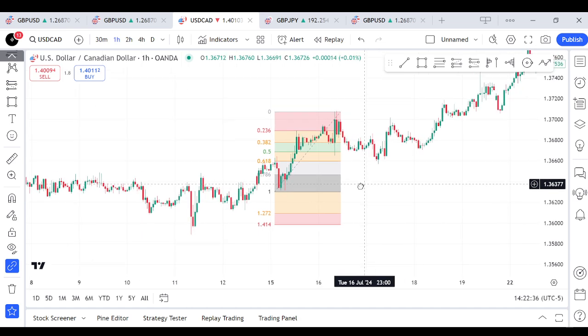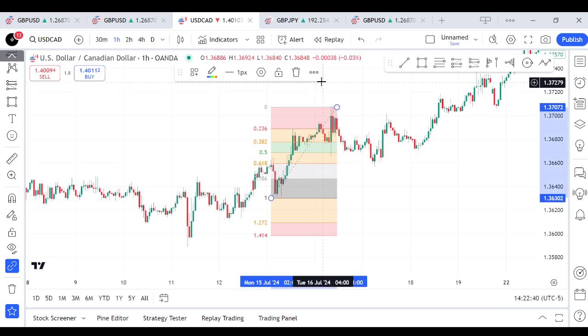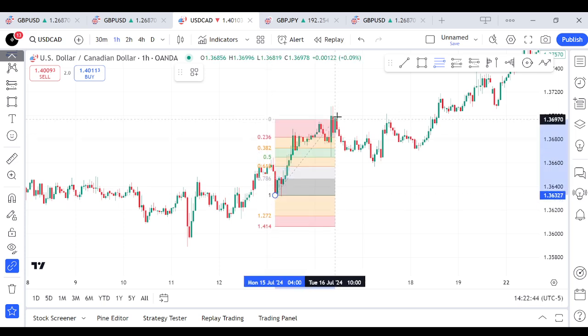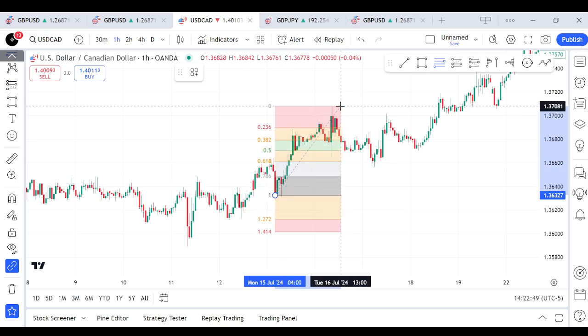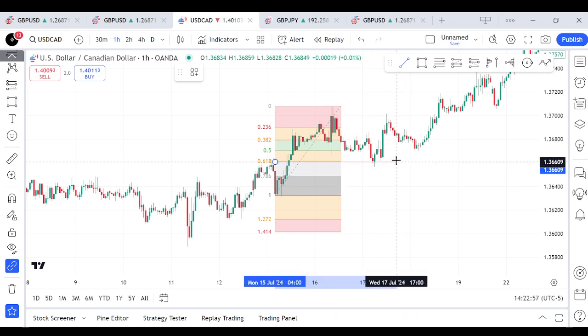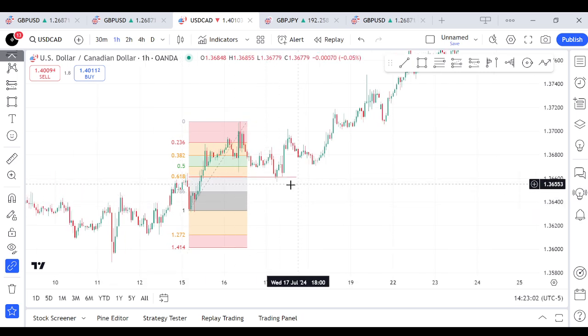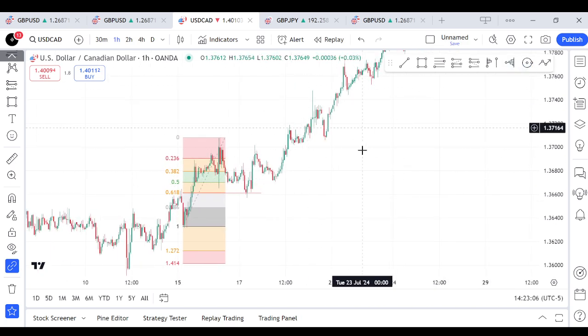After a significant move, you should place your Fibonacci tool from the swing low of the move to the swing high, and price is expected to react from these levels I just called. You can see price reacting from the 61.8 percent, and using that as your support level, we had this push to the upside.